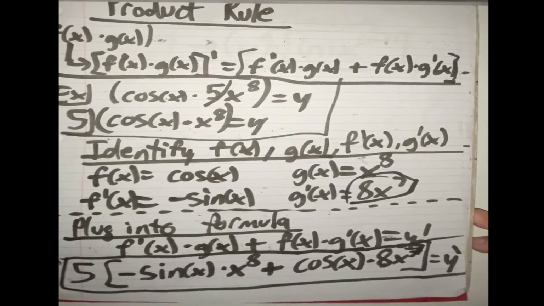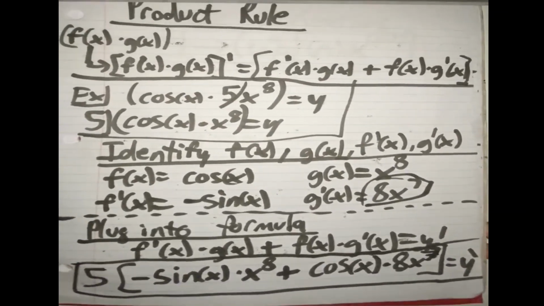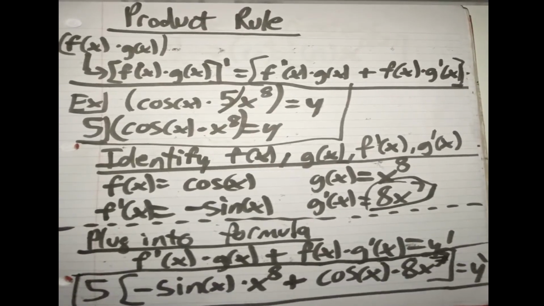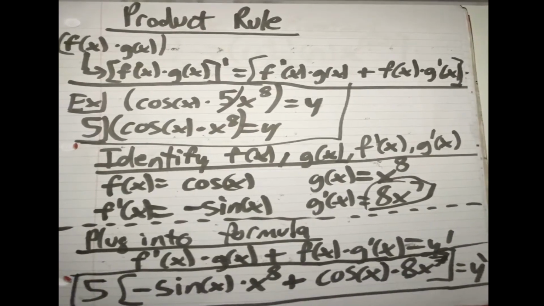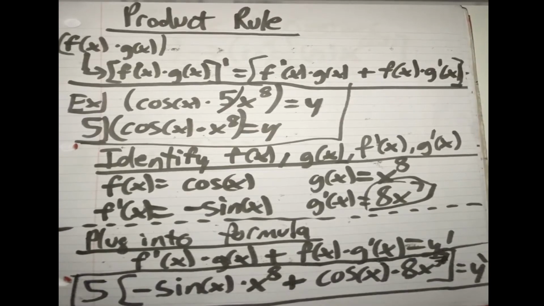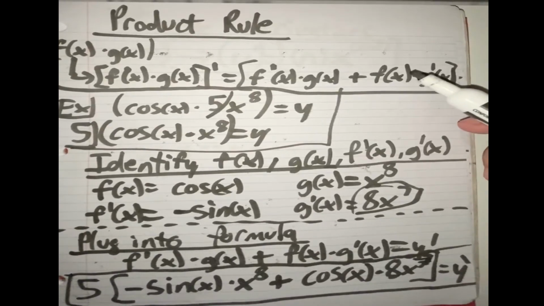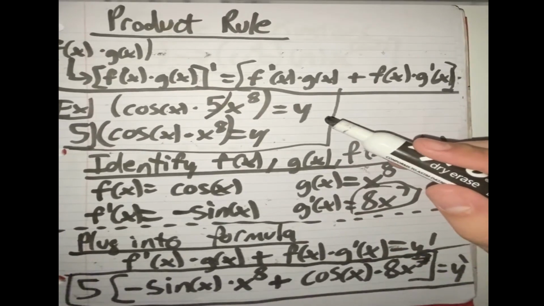So that's all. I hope this video was helpful in teaching you a little bit about the product rule, but the basic concept is if you see two x functions being multiplied by each other, you take the derivative of each term and you plug it into the formula. So apply the product rule when you see two x functions being multiplied by each other.